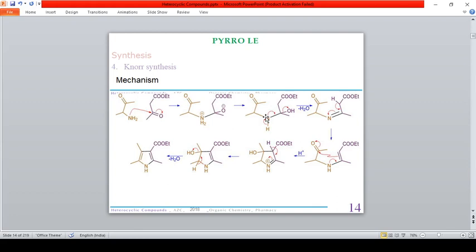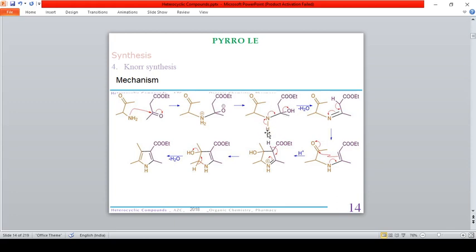Now again the same situation. Nitrogen has a lone pair. That's a very big problem. This will again try to stabilize itself by losing the proton and forming a double bond here, and in turn losing OH negative.